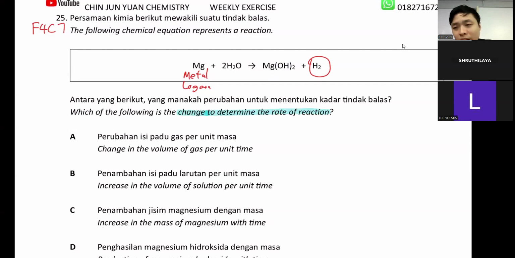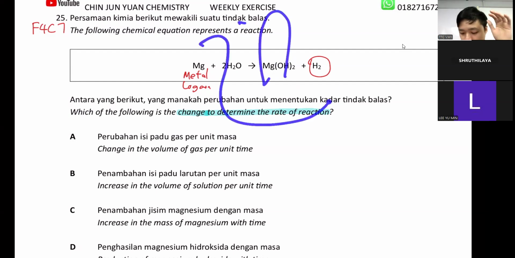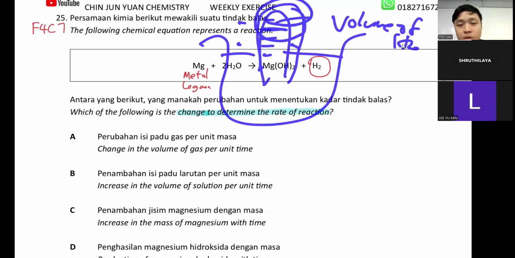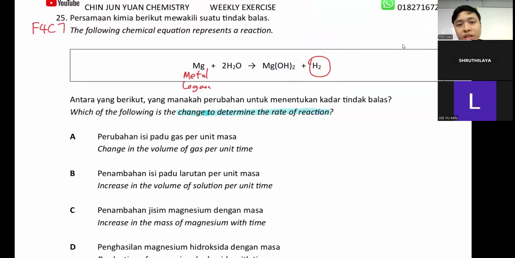Remember the experiment? You use the burette, immerse in water, then you record how much volume of H2 has produced. 还记得你要用那个 burette 蒸进去那个水那边，然后你要量多少个 cm³ 的 volume。It means normally in each 30 seconds, you measure, isn't it?